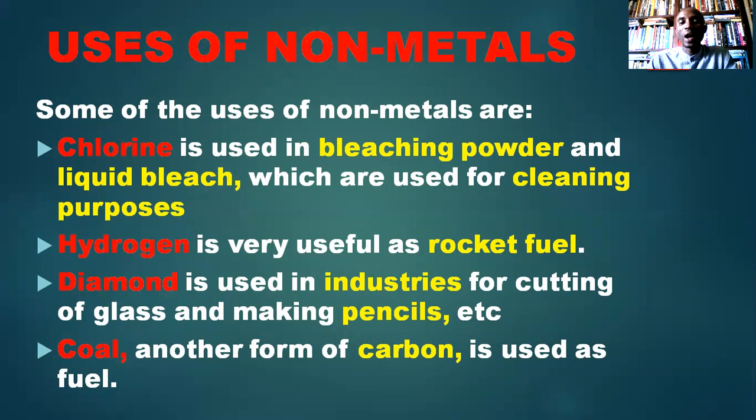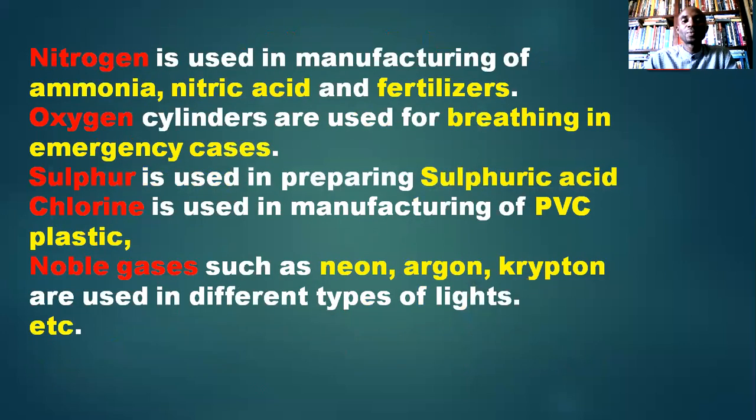Hydrogen is useful as rocket fuel. Diamond, which is carbon, we use industrially for cutting glass, and we make pencils when it exists as graphite. Coal, which is also a form of carbon, is used as fuel. And nitrogen, we use it in the manufacturing of ammonia, citric acid, and fertilizer.